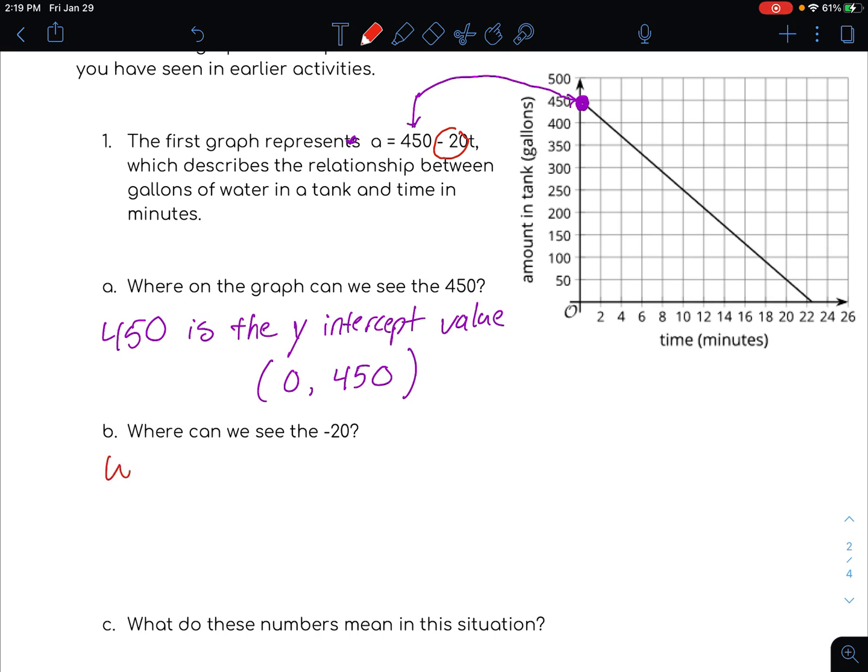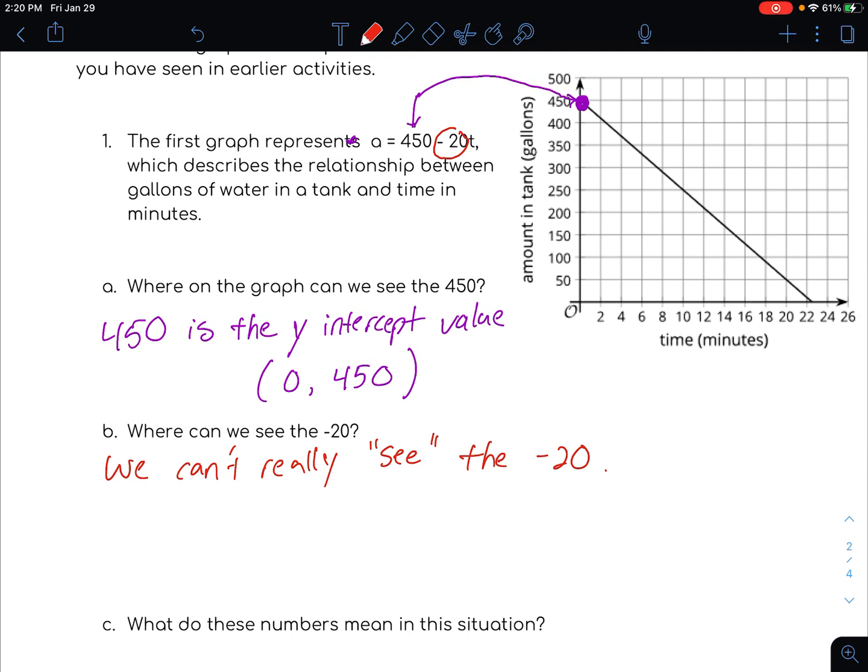So let's just say we can't really, quote unquote, see the negative 20. However, we know it has something to do with the slope. So before we write anymore, let's see if we can identify the slope.